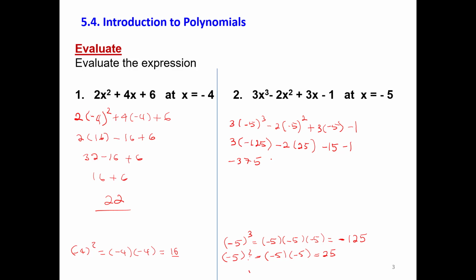Negative 2 times 25 is negative 50, minus 1. All the numbers are negative, so we add the numbers together and keep the sign. The answer is negative 441.